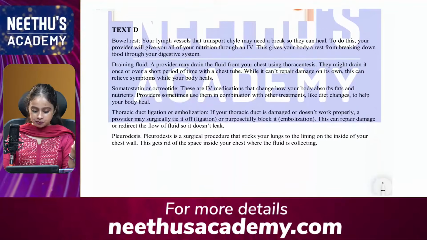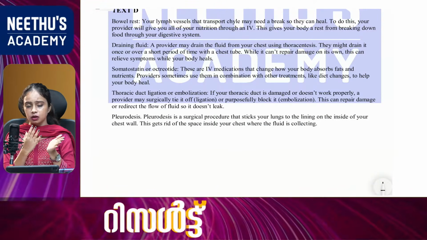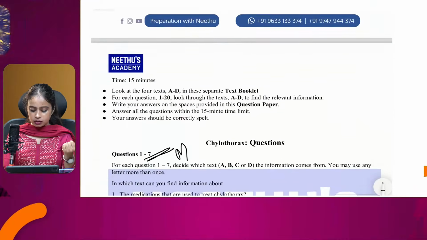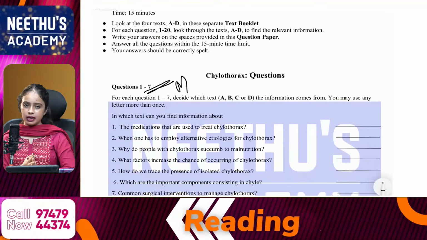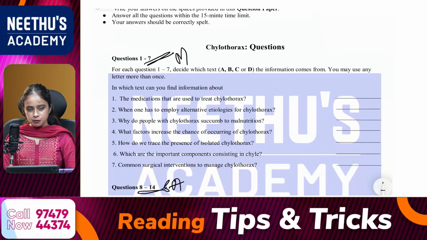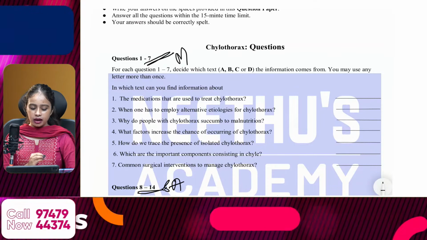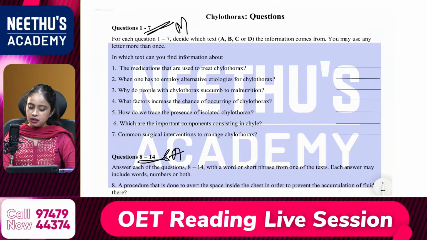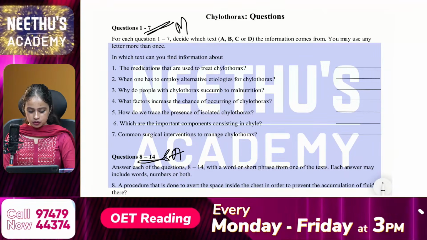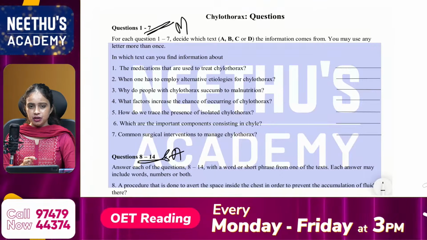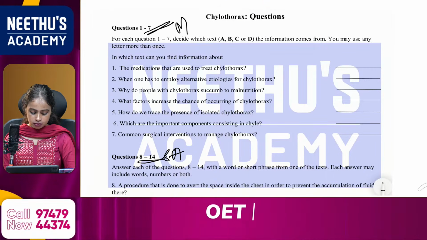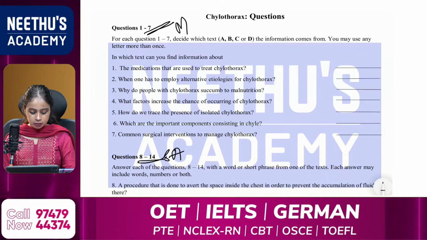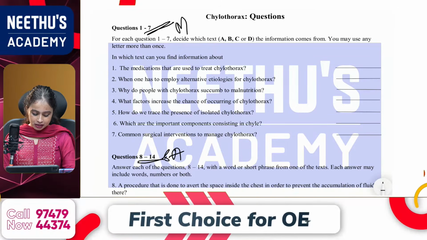Eighth, the words in italicized or bold letters. Ninth, the words that indicate time. Then the words that indicate experiment, the words that indicate research, and then special focus on the first and last line of every paragraph, as well as all the bullet points. So these are the 13 different keywords that you can mark. Yes Jyoti, it's all about 15 minutes, skimming and scanning, fast reading.